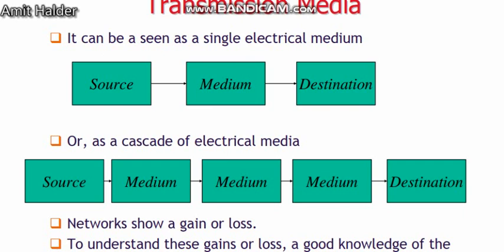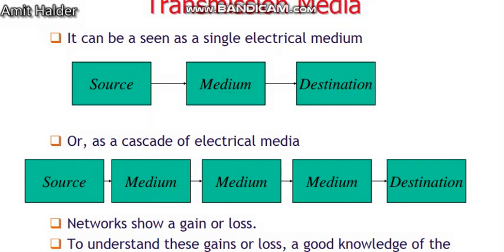You can see the source, the medium, and the destination that we saw before. But if we elaborate on this, there may be many media, not a single medium, because when we read about networking and telecommunication networks, there will be a lot of cascading electrical media incorporated in these telecommunication switching systems.